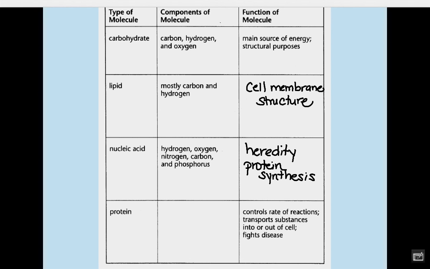The components of the molecule include carbon, hydrogen, oxygen, and nitrogen.